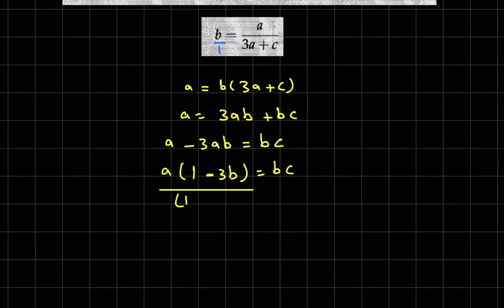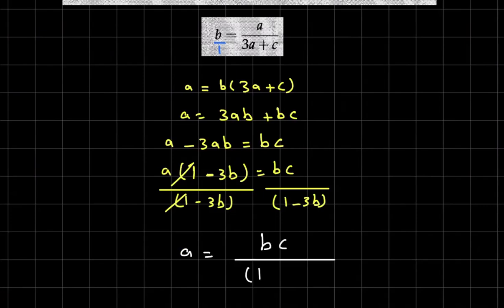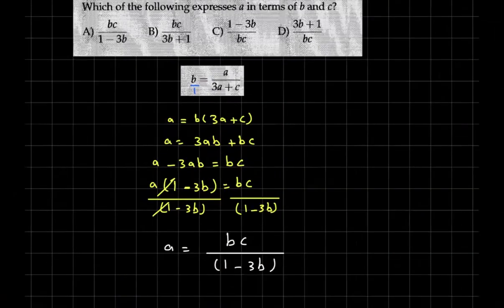By 1 minus 3b, and divide here by 1 minus 3b. This cancels this, and the final answer is going to be a equals bc over 1 minus 3b. So what is the answer? The answer is a.